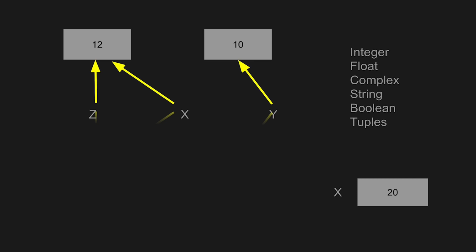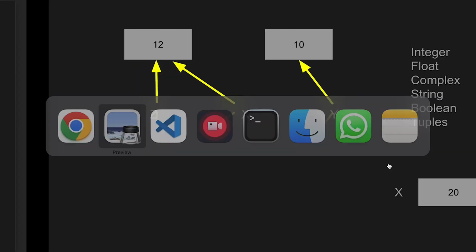If we update the value, new memory will be allocated and the variable will point to that memory location, because all these data types are immutable. If you take the example of list, set, or dictionary, they are mutable data types, so they will work like other programming languages. I hope this is clear to you.